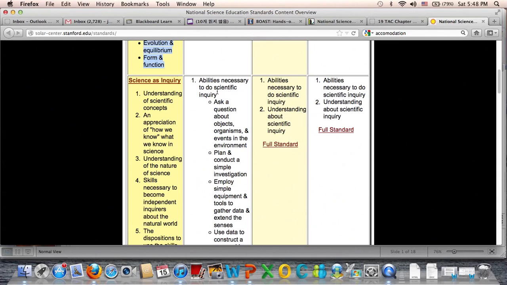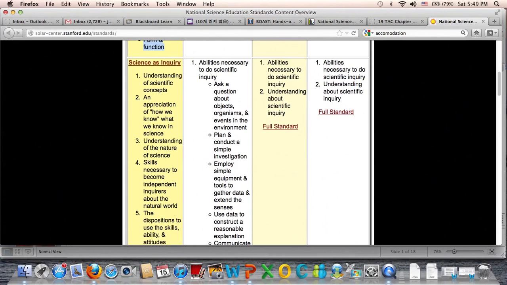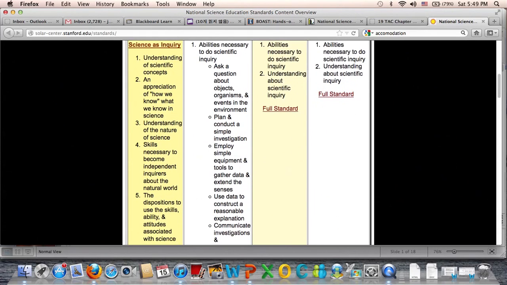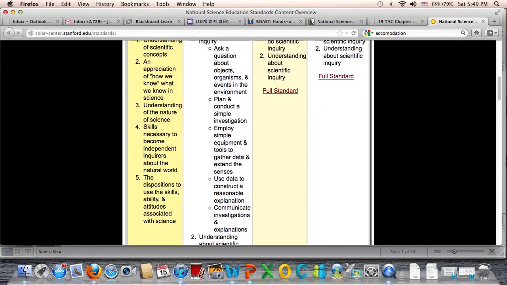For grade K to 4, students need to develop abilities necessary to do scientific inquiry. So you need to ask a question about objects, organisms, and events in the environment, and plan and conduct a simple investigation, employ simple equipment and tools to gather data, extend the senses, and use data to construct a reasonable explanation and communicate investigations.